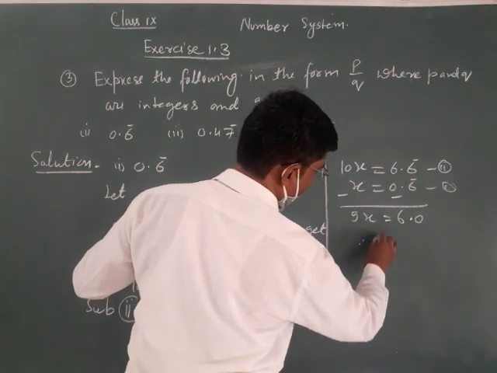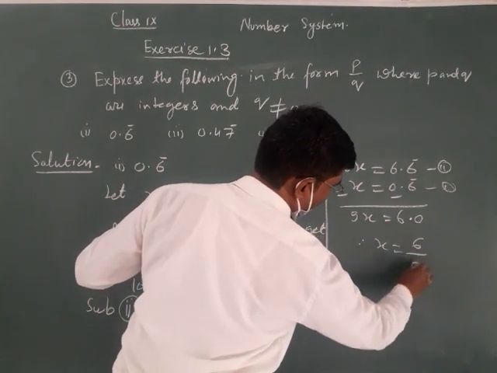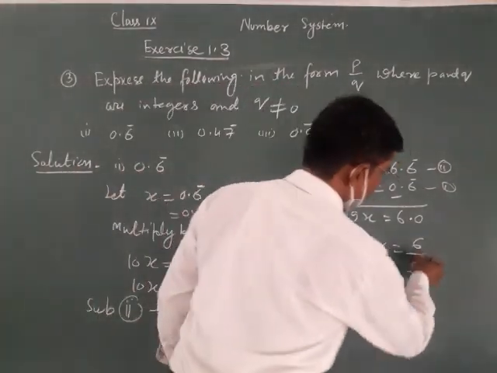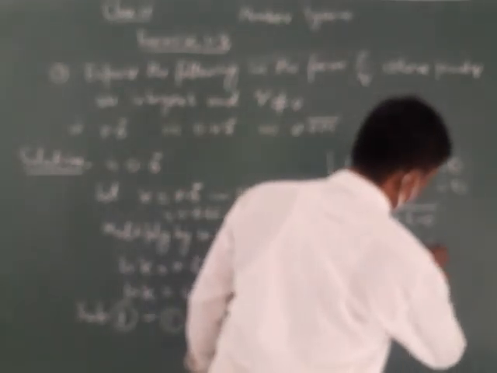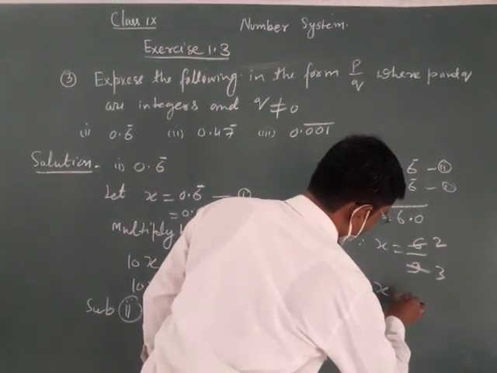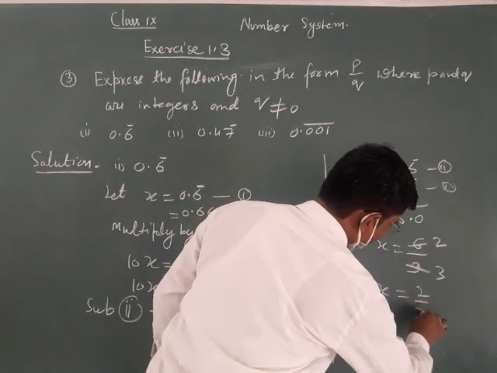So therefore x is equal to 6 upon 9. Now divisible by 3, we get 2 and 3. So x is equal to 2 upon 3.